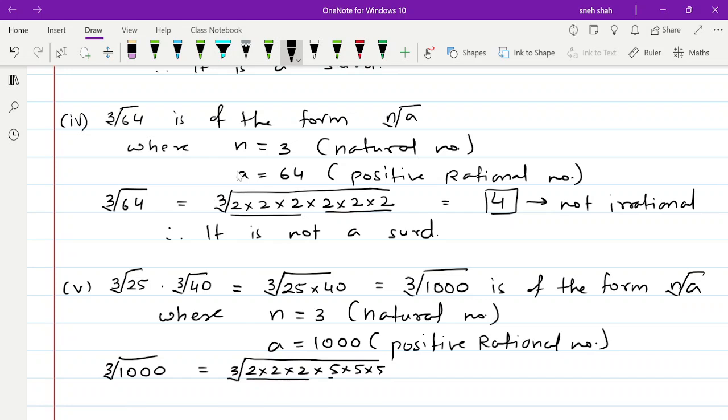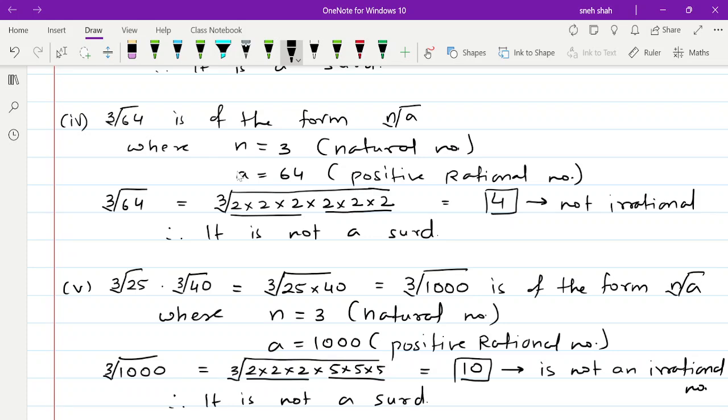Now grouping the three digits inside the cube root, we get the answer as 10. And as we know that 10 is not an irrational number, hence we can conclude that the third criteria is not being fulfilled, so it is not a surd.